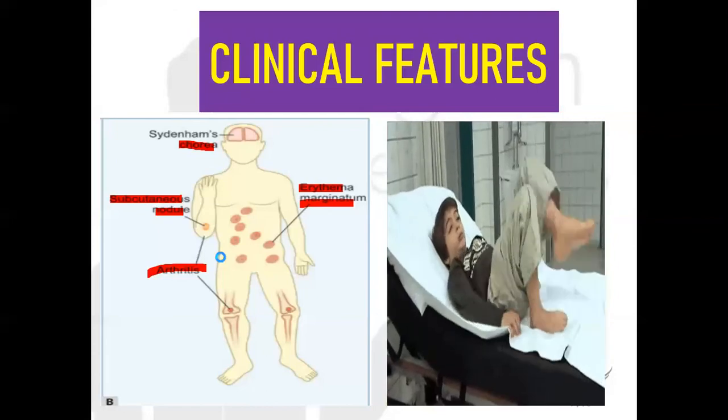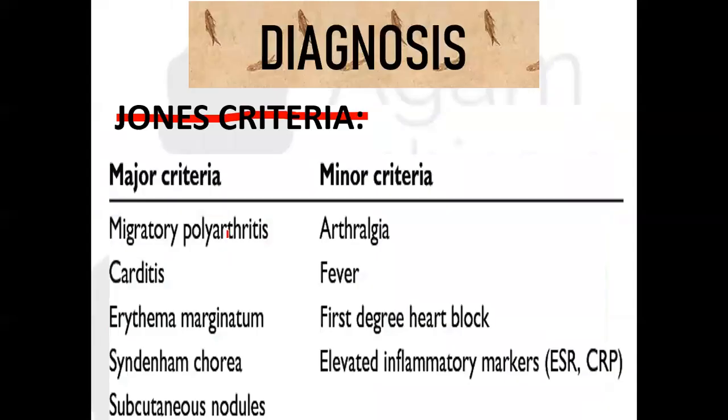This is one way. So all these typical manifestations come under major criteria, like your migratory polyarthritis, carditis, which we saw. We have this acute rheumatic carditis that will be progressive. Then erythema marginatum, Sydenham chorea, subcutaneous nodule. So all these classical presentations are major criteria. So if any 2 of these major criteria are shown by a patient, you can very well diagnose it as rheumatic fever.